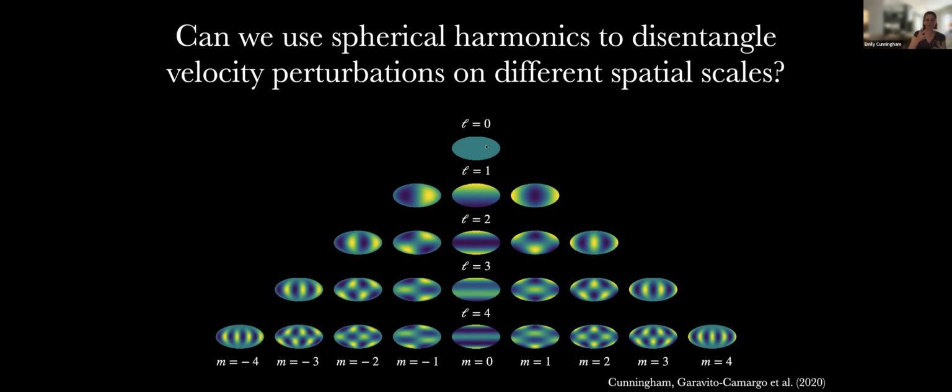And so they describe variations on different spatial scales. So L equals 1 is the dipole, and I'm showing here down to L equals 4, where you can see that as we increase in L values, we're decreasing the spatial scale on which we have variations in our function. Okay. So what does this look like?